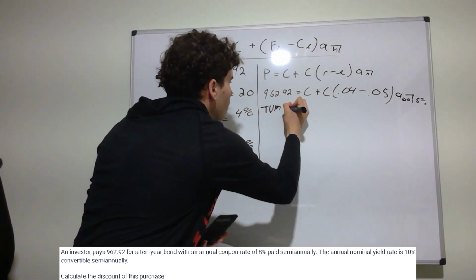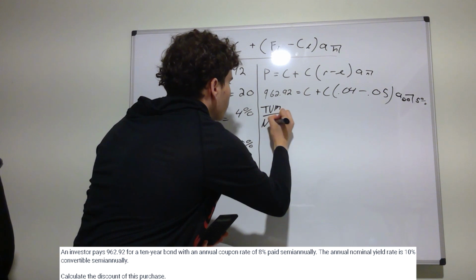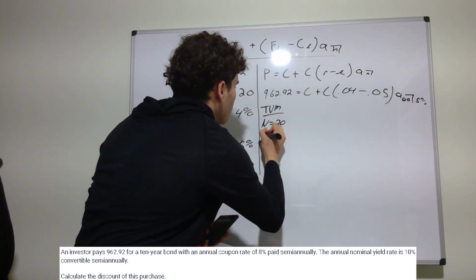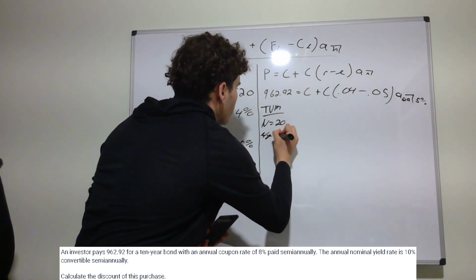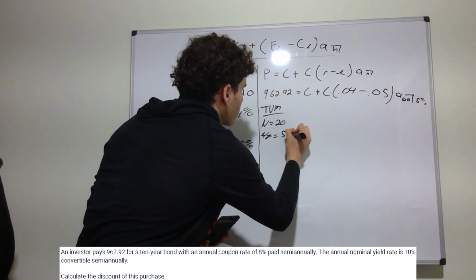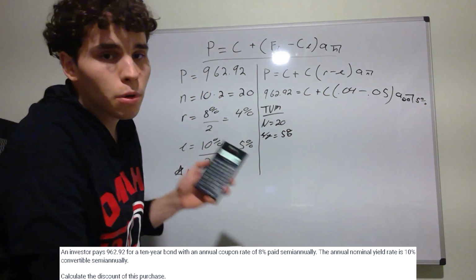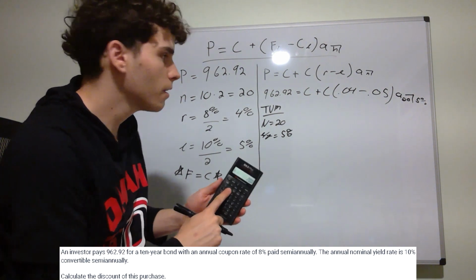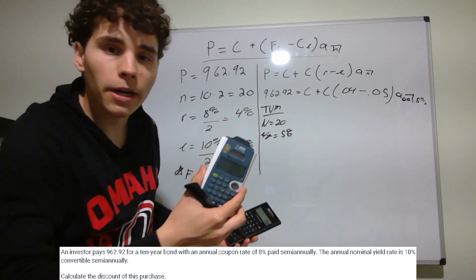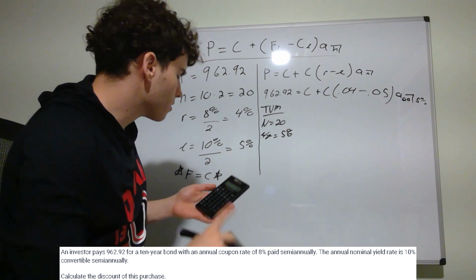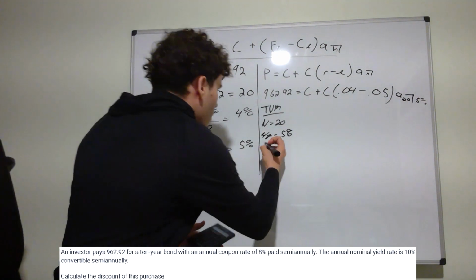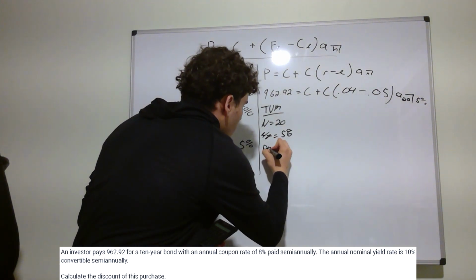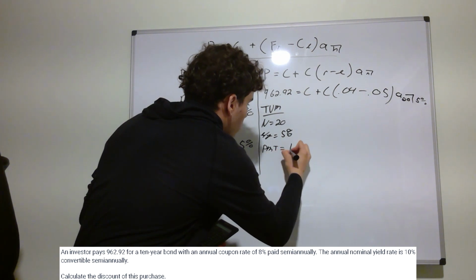TVM, so N equals 20, I over y equals 5%. Remember, in these calculators, don't put it in as 0.05, just put 5 and then click I. It's kind of backwards from any other calculator, but very important to do that on this calculator. Our payment, we can set equal to 1.